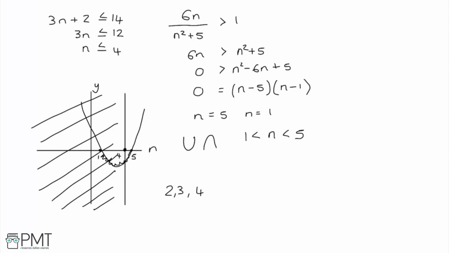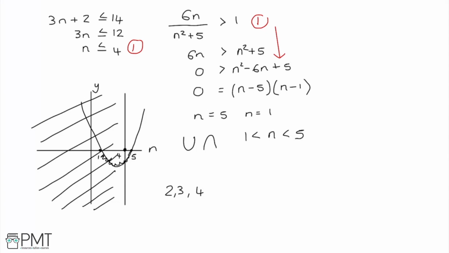Now if I go back to see how the marks were awarded here, we gained the first mark for basically solving the first inequality and getting that in terms of n, so n being less than or equal to 4. And then the second mark for rearranging this inequality here, so multiplying out and getting it in the form of a quadratic, so this quadratic here.